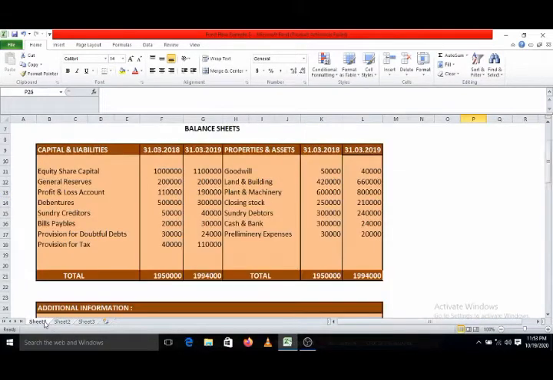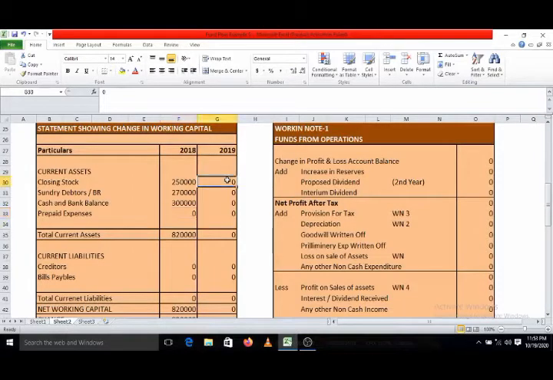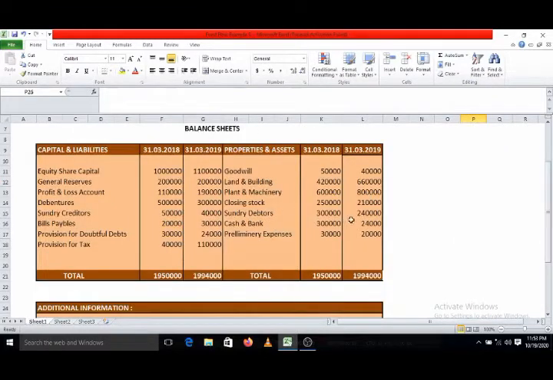Now the second year. The closing stock is rupees 2,10,000. Next, debtors amount is rupees 2,40,000, but these are the gross debtors. We are supposed to take the net debtors, that is net of our RDD of rupees 24,000.